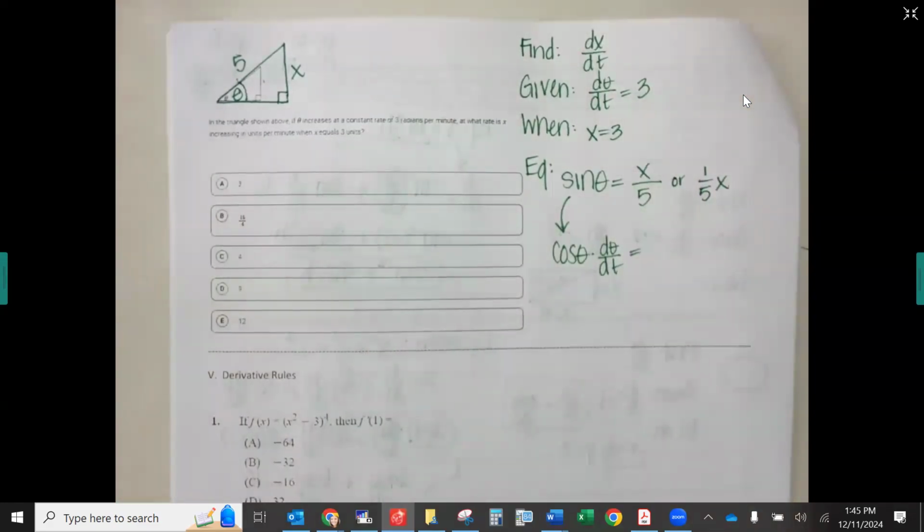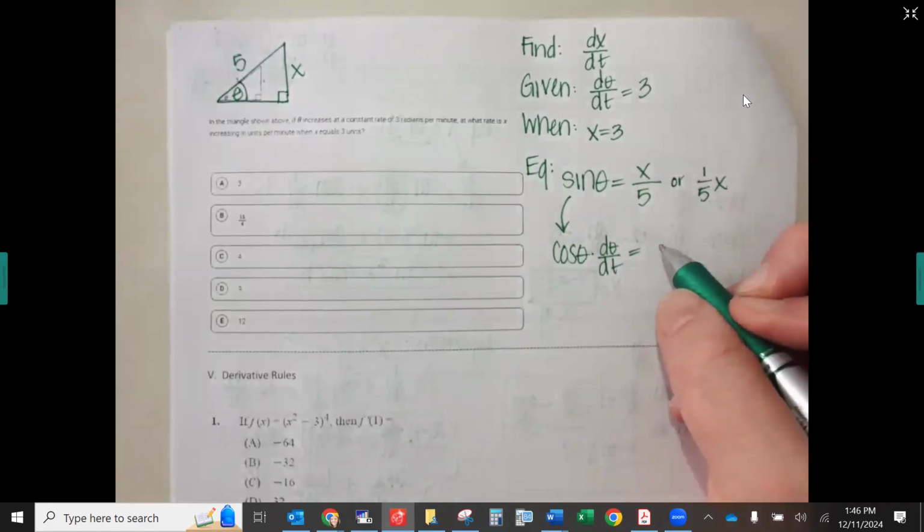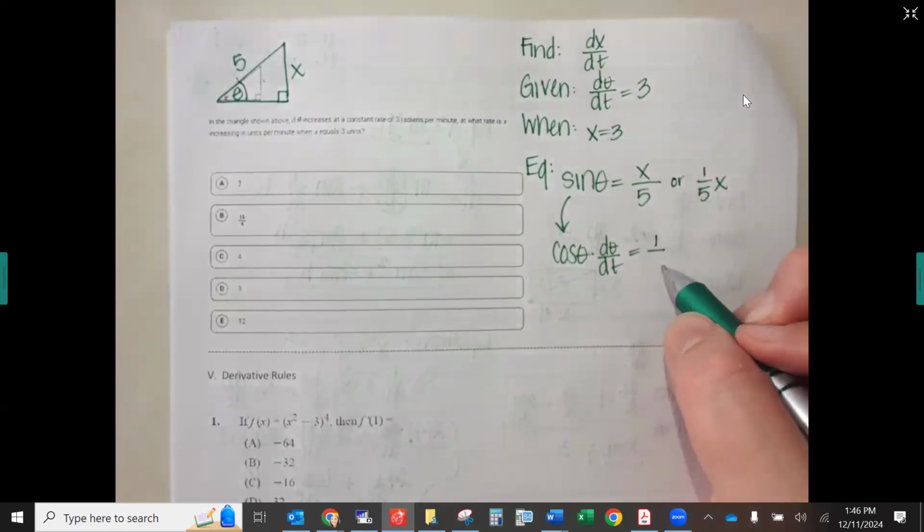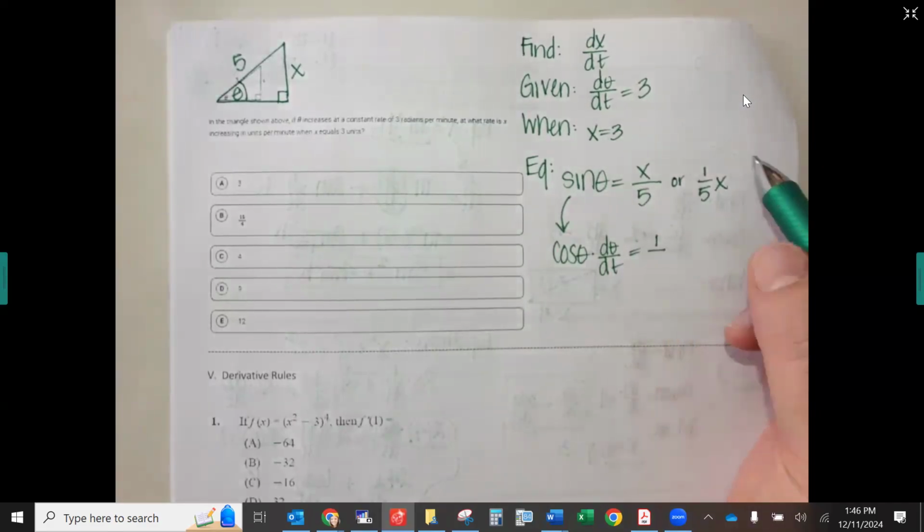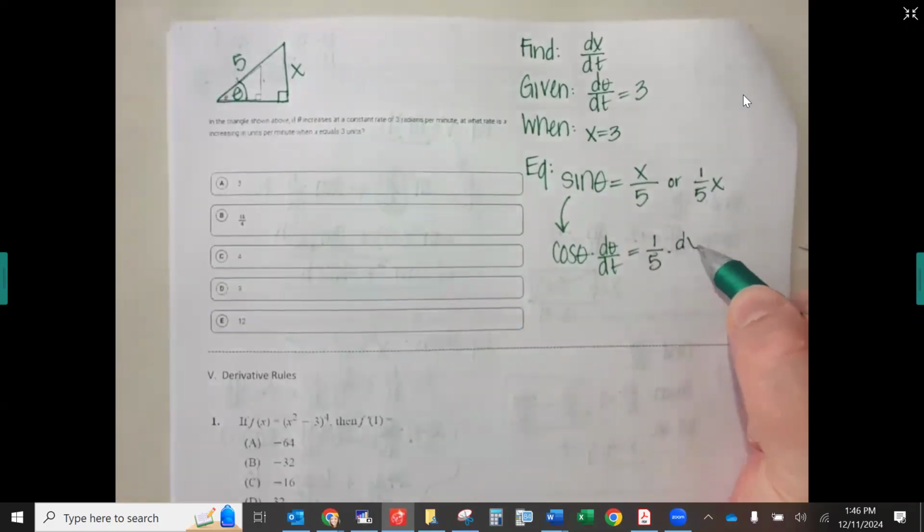Okay, because it's not 2 letters divided with each other. It's a letter and a number. That's fixable. So I'm going to take the x over 5 and make it a 5th x. Now, what's the derivative of a 5th x? 1/5 dx dt.